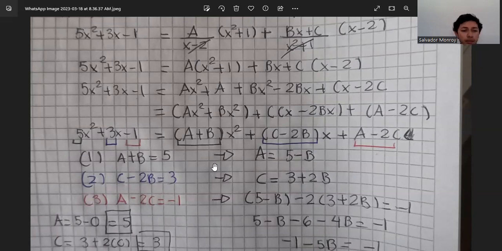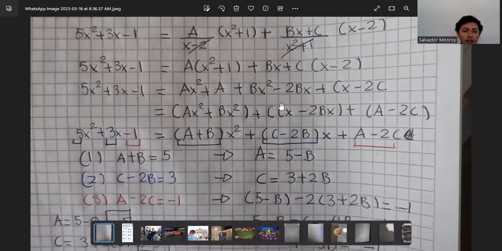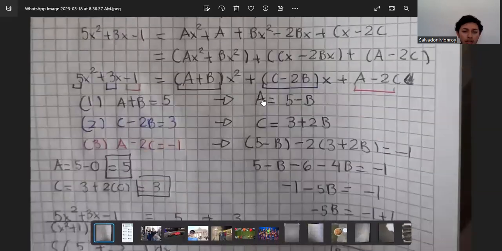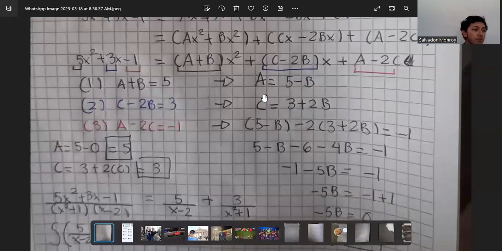A plus B must be 5, because it's 5x squared. C minus 2B must be equal to 3, and A minus 2C must be equal to minus 1. We need to solve a 3 by 3 system of equations. With that, we can use MATLAB or Gauss-Jordan.